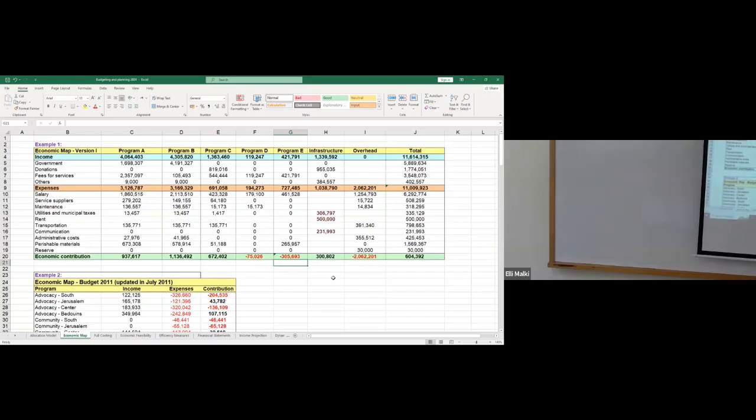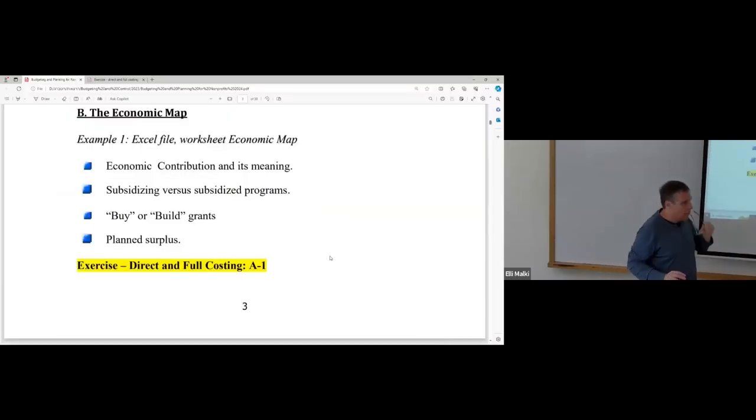So we can see it explicitly. It is very clear. That is why we put these donations here in the infrastructure overhead. And the last point, planned surplus. Very important point. So let's go and see it first.